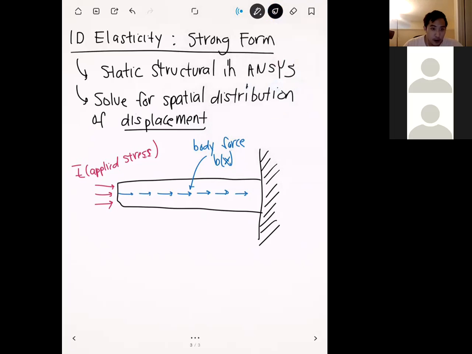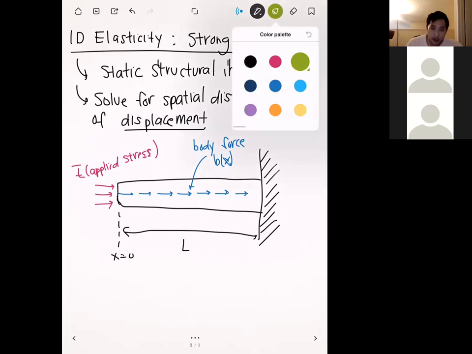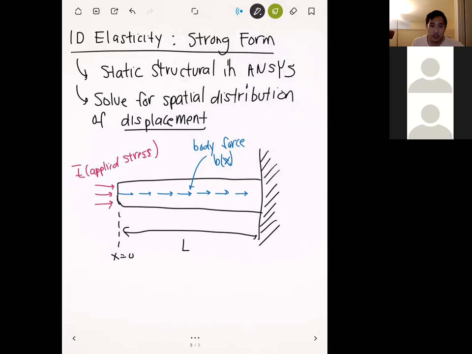Let's go ahead and define our axes here. On this left-hand side, we'll call this x equals 0. Then we'll say that the truss element itself has a length of L. In addition to this, we also have its material properties.